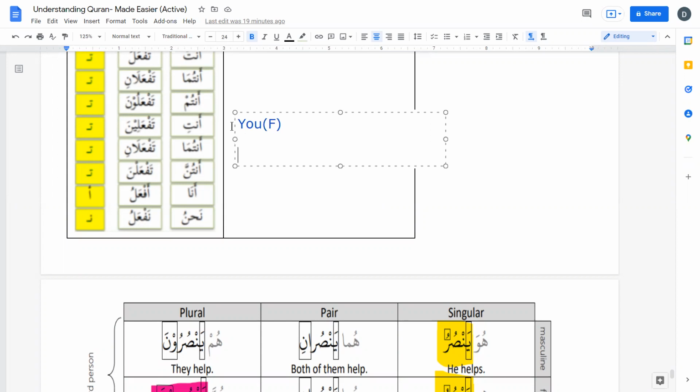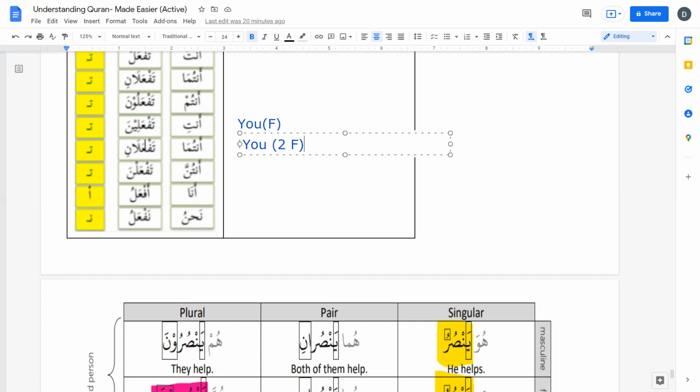Then you have antuma, when you are talking to two ladies, two females. Taf'alani, again taf'alani. Huma masculine is yaf'alani. Huma feminine is taf'alani.